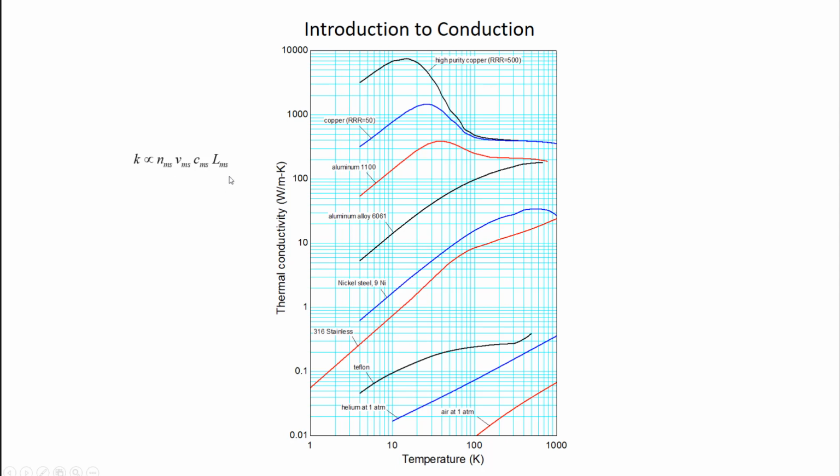And the mean free path isn't super long. So you sort of suffer as you move from high purity metals down to alloys, down to non-conductors and liquids and gases. And if you look at this equation we just derived, you can see exactly why that might be the case, right? You can translate that knowledge of what k really means into why different materials behave the way they do.